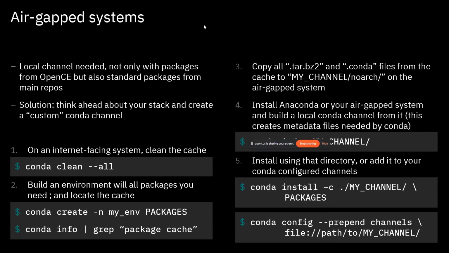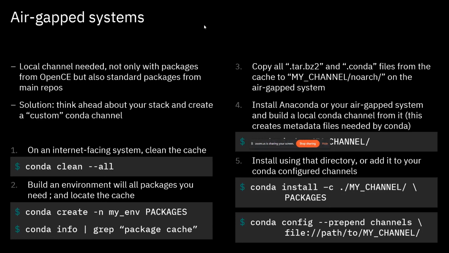It relies also on the main Anaconda repositories. So the idea is to think ahead about the stack you want to build, and you create a custom Conda channel for that build. So you'll need an internet-facing system, and basically the flow is to clean the cache of Conda, install everything you need.